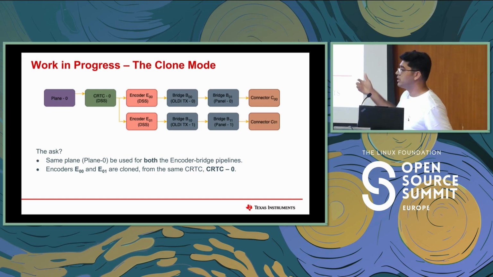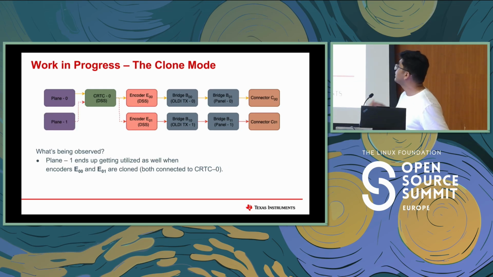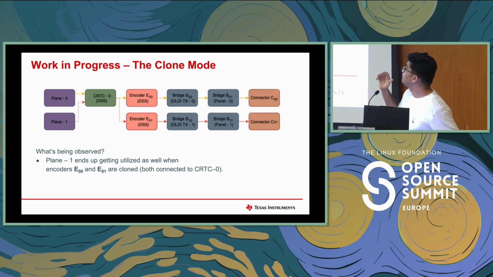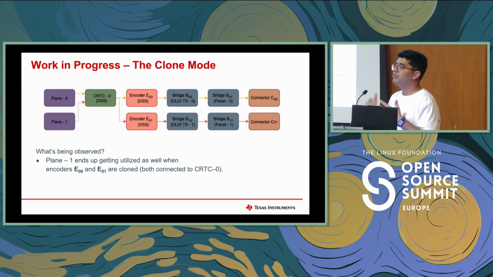So when we tried to do this, we had to use the possible clones field for the encoders. That allows E00 and E01 to be able to integrate to the same CRTC. But that did not happen. What happened was the other plane that we had registered would get utilized for the second pipeline, and both the planes would be filled up with the same video buffer data, but we didn't want that.